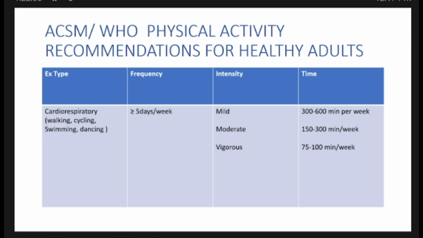Another thing is, you don't need to do these exercises at a stretch. 300 per week means 5 days of 60 minutes, about 1 hour. You don't need to do 60 minutes of exercise at a stretch. You can cut it down into 10-minute bouts and exercise throughout the day. The benefit is the same.